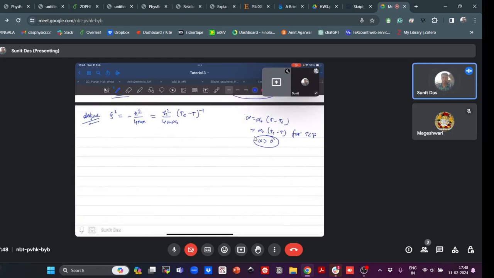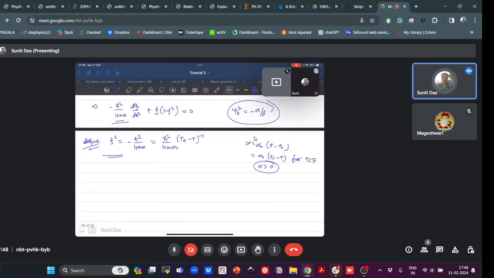So if we replace this in this equation, then we will have d²f/dx² ξ² plus f(1 minus f²) equal to 0.